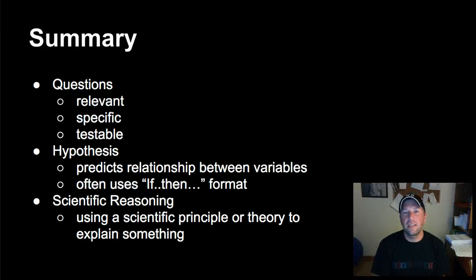And then lastly, this idea of justifying that hypothesis using scientific reasoning. And scientific reasoning just means that you're using or applying a scientific principle or theory in order to explain something. You're not just guessing, you're actually using some knowledge that you have and trying to predict based on what you already know and in a logical way.